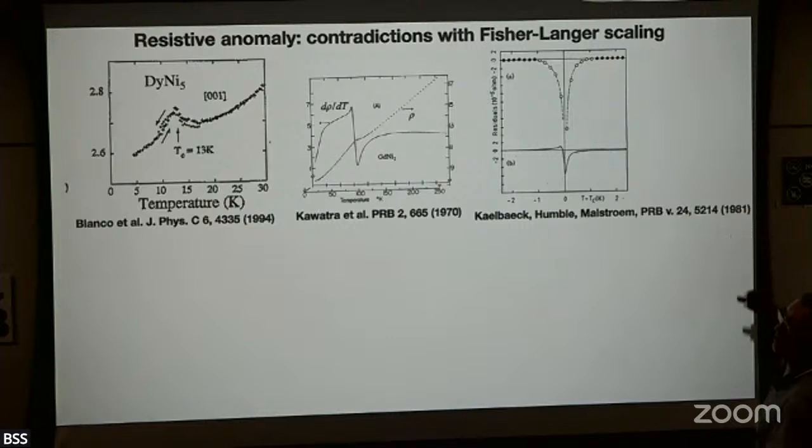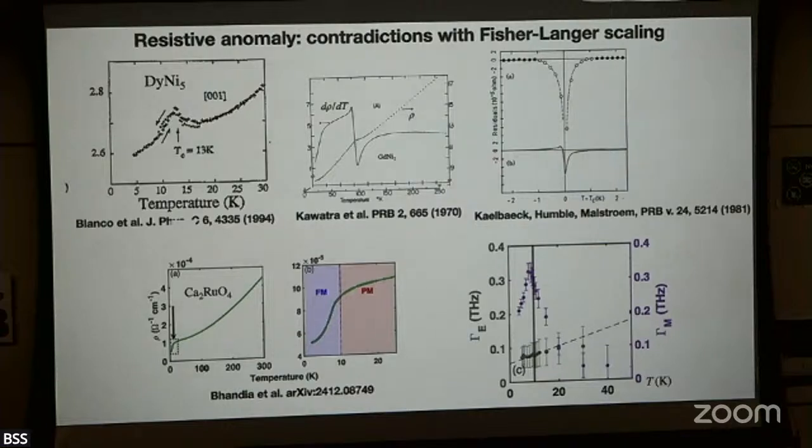It's a residual, so it's data minus theory, or data minus fit. Okay, and this is at reduced temperature, and you start to see that when you get very close to 0 on the scale, there is an additional peak which is missed in Fisher-Langer. So it's a depression. No, it's with a minus sign here. Yeah, it's a complicated plot, and it's the actual resistance on the far left. Is dysprosium nickel, that's resistance?